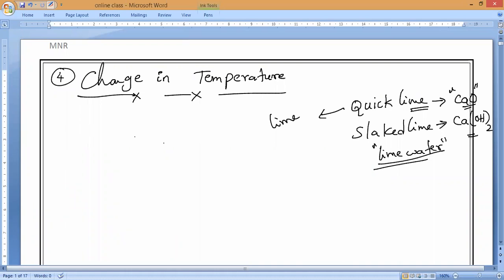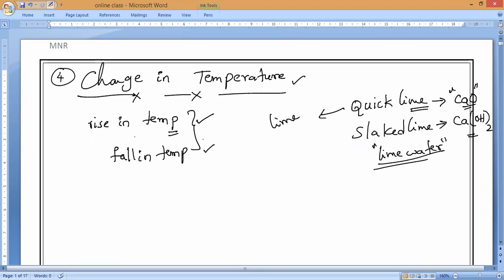Both, sir. Yes, change in temperature means it can be a rise in temperature or a fall in temperature. Both we call change in temperature. Some reactions will give you heat, and some reactions will take in heat so that they give you cooling.